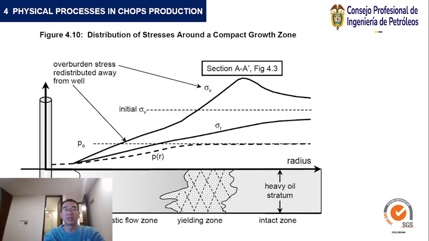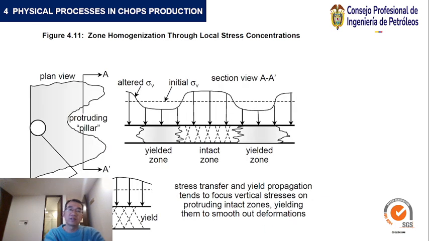This figure shows us the distribution of stress around a compact growth zone, and this figure shows us the zone homogeneous through local stress.